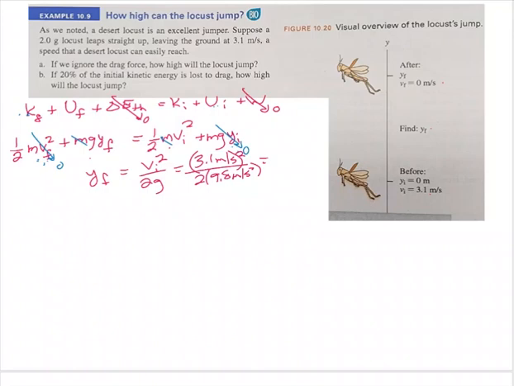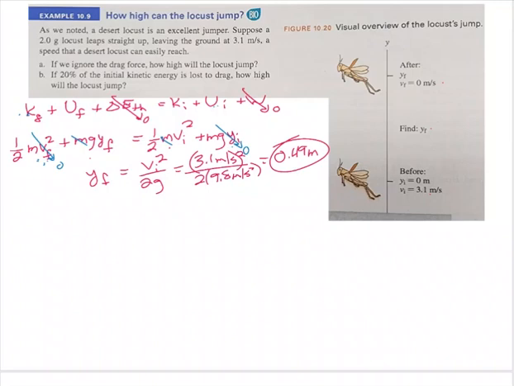No, it's 2 on the bottom. Oh, I forgot the 2 on that. So 3.1 squared is almost 9, a little over 9. We should be around a half. 0.49 meters. So there you go. So it jumps half a meter straight up.